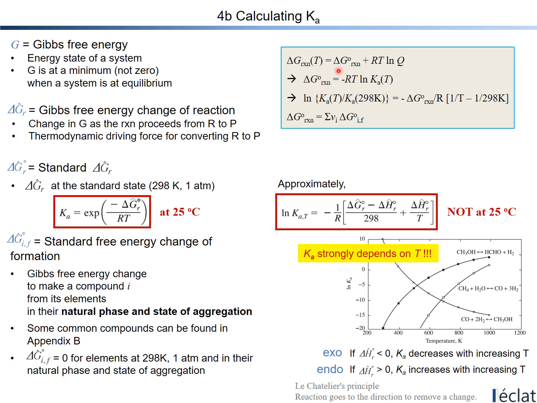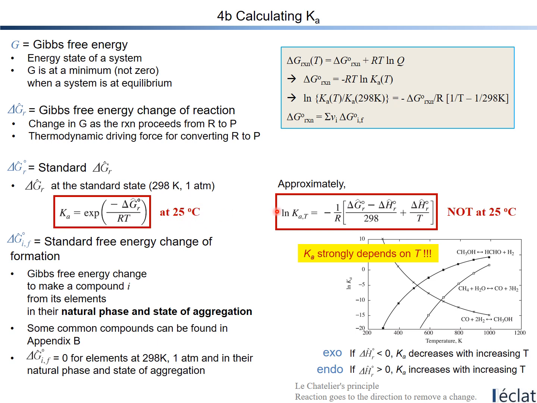So again, we could use this equation: the equilibrium constant of activity is equal to the exponential of minus the standard state Gibbs free energy of reaction per RT. This equation is practically used at 25 Celsius degrees.